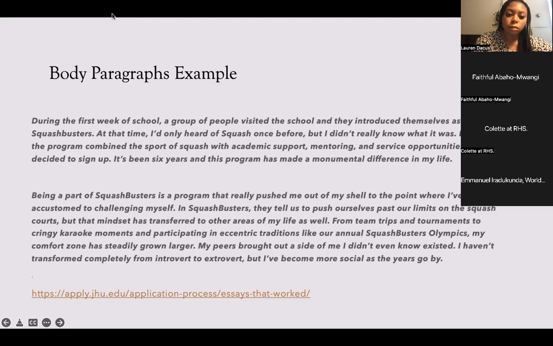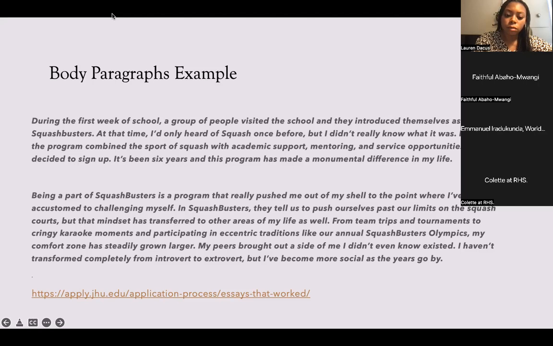In Squash Busters, they tell us to push ourselves past our limits on the squash courts, but that mindset has transferred to other areas of my life as well. From team trips and tournaments to cringy karaoke moments and participating in eccentric traditions like our annual Squash Busters Olympics, my comfort zone has steadily grown larger.